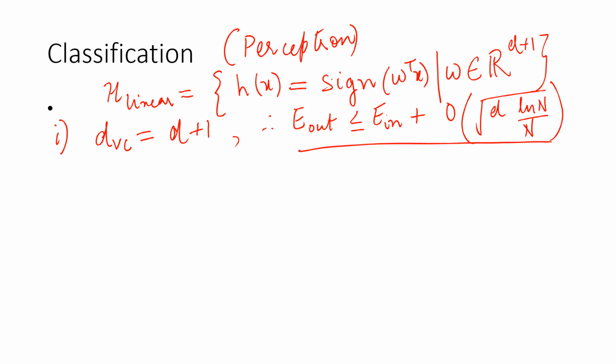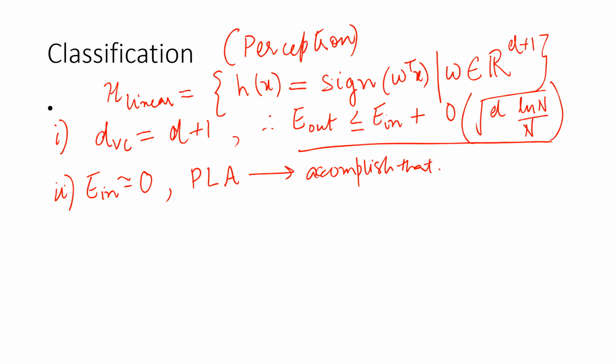What is the second step of learning that we are interested in? The second step of learning, if you remember, was to get E in as small as possible or as close to 0 as possible. And we have the perceptron learning algorithm, PLA, that we need to use in order to accomplish that.